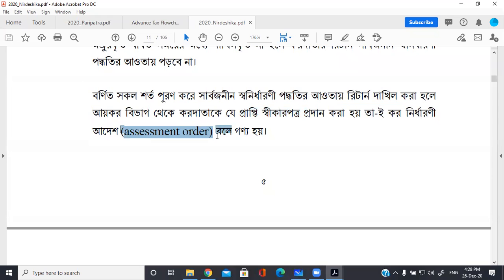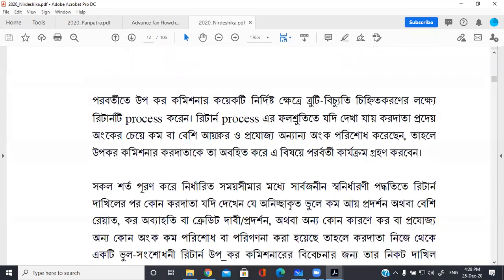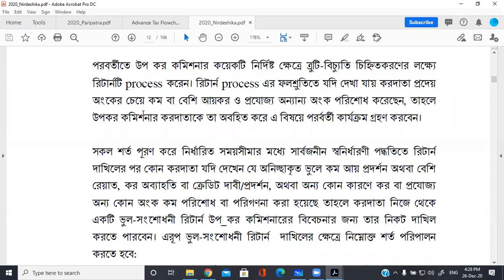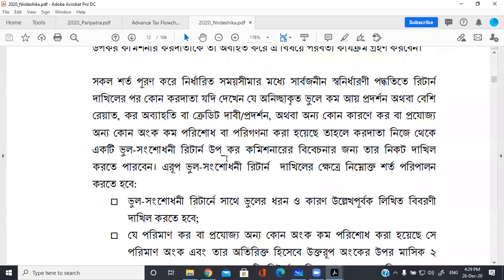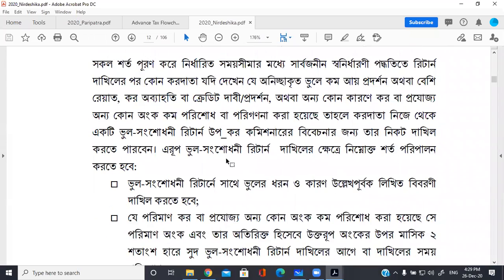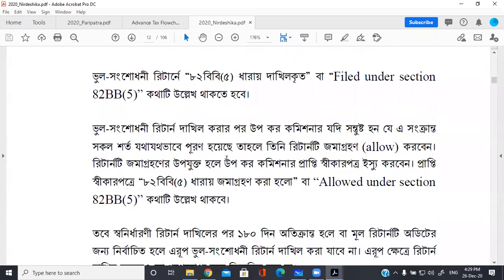That means your assessment is done. And if you have made some mistake in that, or there has been some discrepancy between the due amount and the amount you have paid, in that case, if it is informed to the deputy tax commissioner, he or she will take measures to rectify those mistakes. Okay.